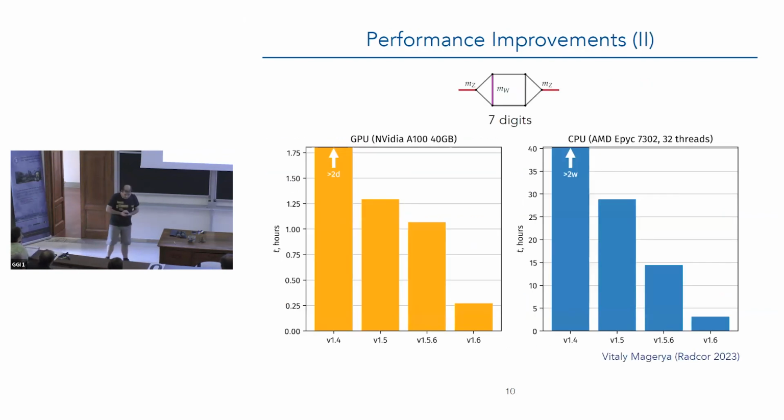So does it help? More importantly, the answer is yes, it helps a lot. So if we just take an example integral like this, and these are the different versions of PySecDec. And this is the time in hours to compute, say, on a GPU or on all the threads of your CPU. You can see that we went from greater than 2 days in version 1.4 down to less than half an hour in version 1.6.